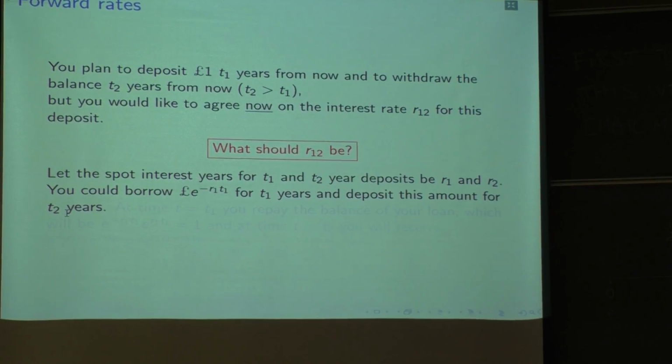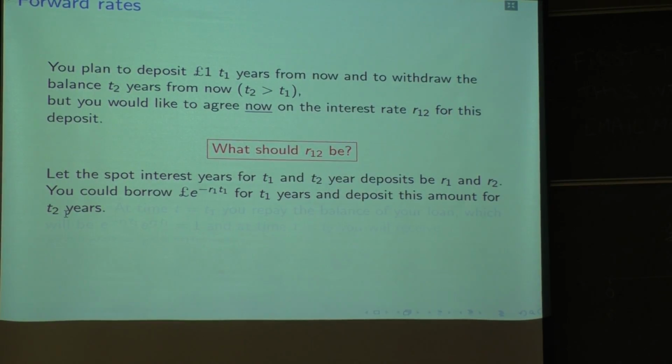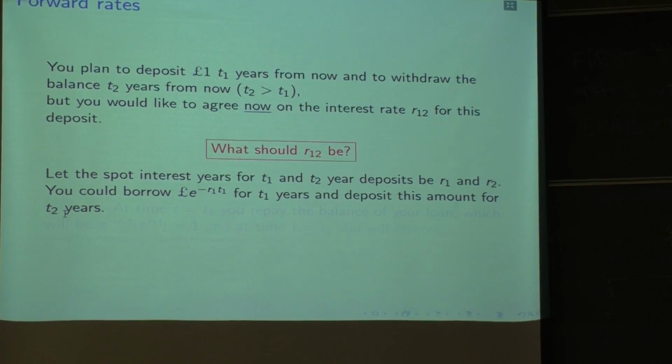So after t2 years, the balance of our deposit is this times e to the interest rate times time. Okay? So the effect of this strategy is at the time t1, we deposit £1. At time t2, we get this much.